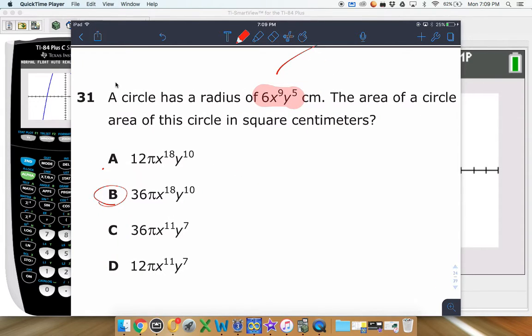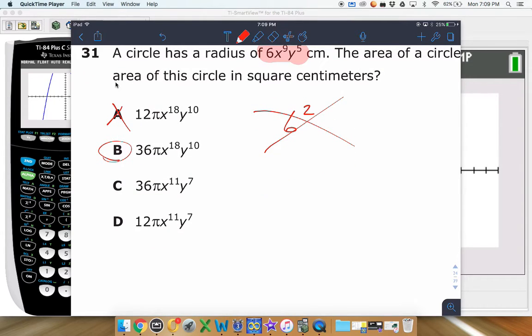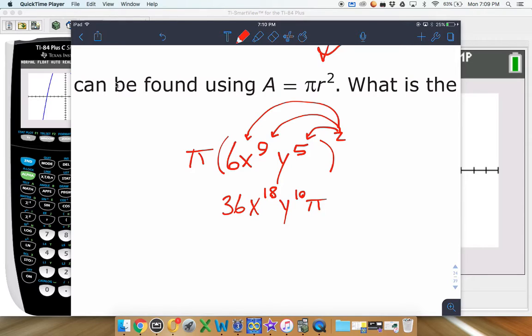So we already kind of talked about why it's not A, because you're not doing 6 times 2, you're doing 6 squared technically. So you got to be kind of careful on that. A misconception here with these: notice that you got x to the 11th and y to the 7th there. I think what they might have done on that answer choice, maybe students get confused when you're distributing through your powers.